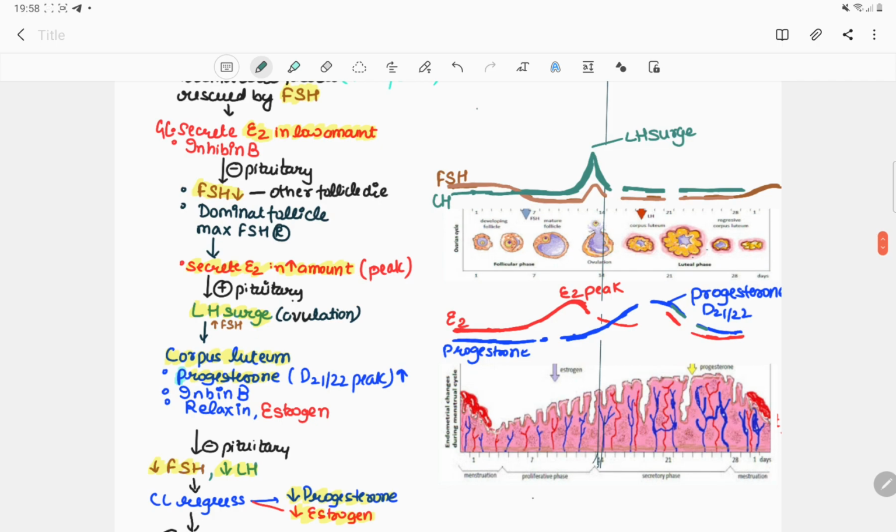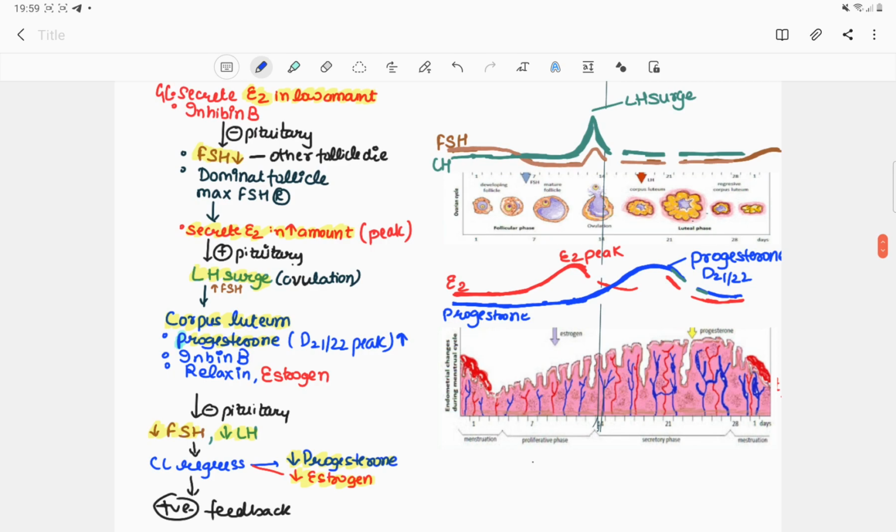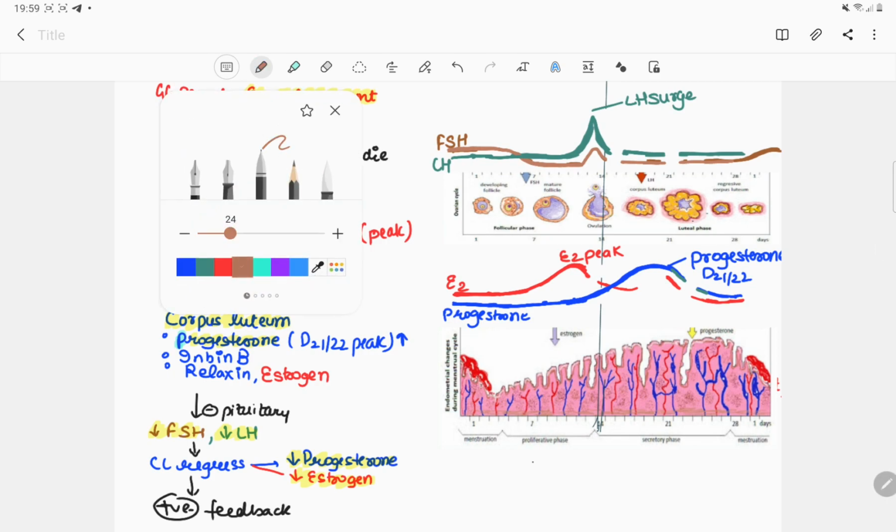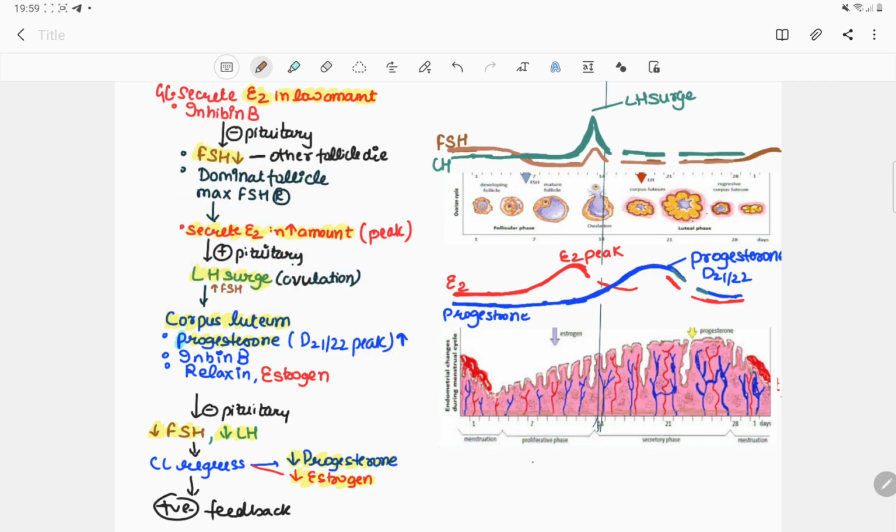And after ovulation, the corpus luteum will form, which will release progesterone in high amounts. Along with progesterone, it leads to release of inhibin B, relaxin, and estrogen. Progesterone and inhibin B will lead to negative feedback on the pituitary, which will lead to declining of FSH as well as LH.